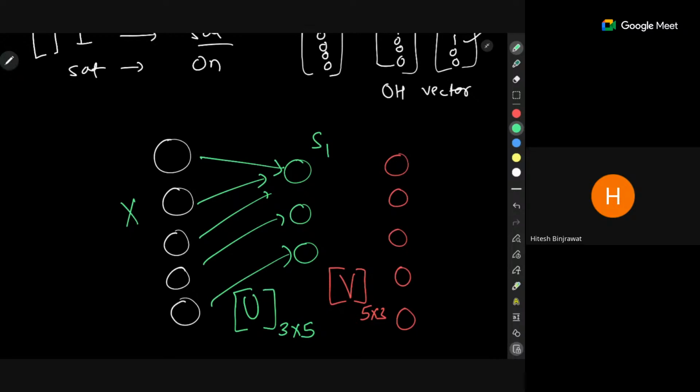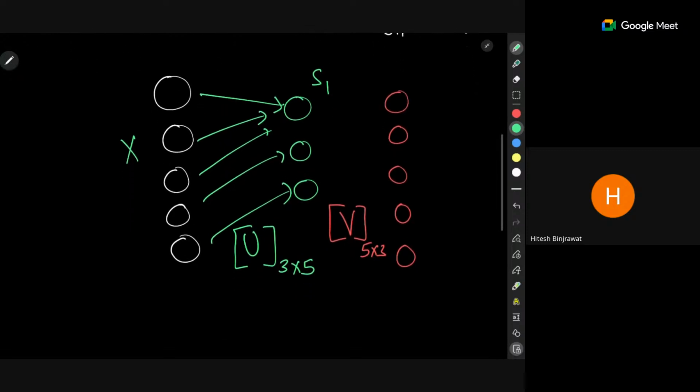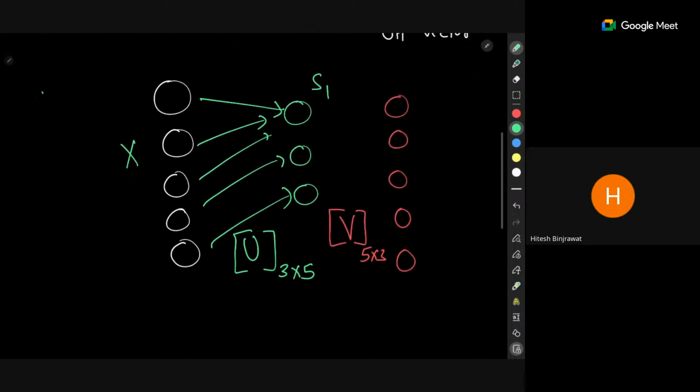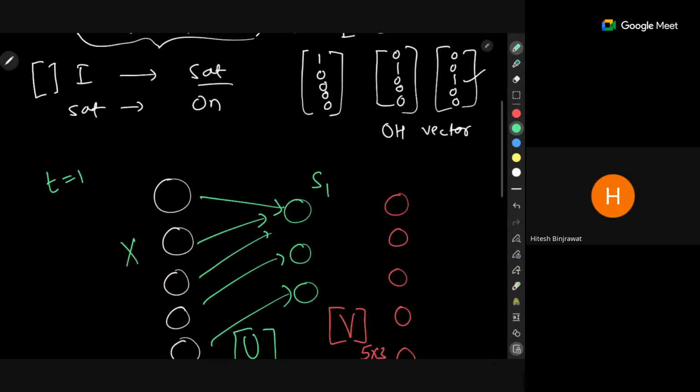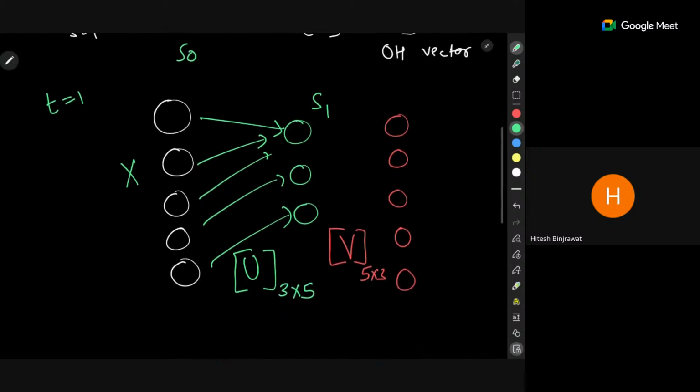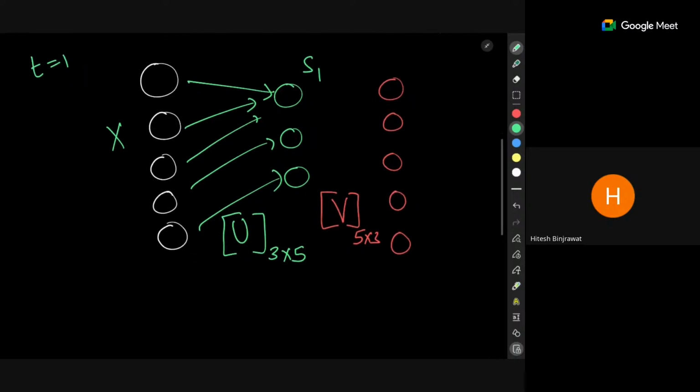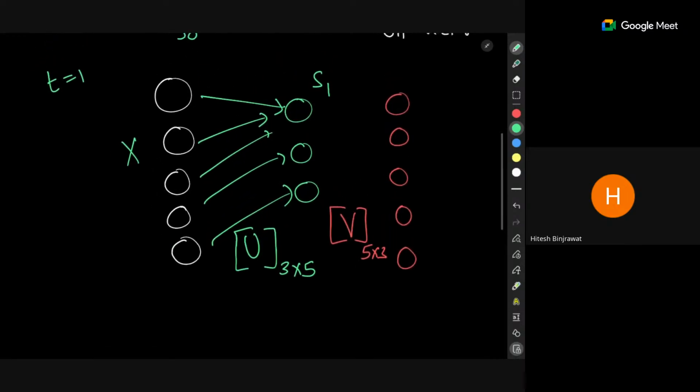That I'll send to itself, right? So this is my neural network, or what it looks like. Now you can say this is time step t equal to 1. One thing is I haven't given any s0 to it as of now. But I'll give it, so consider I'm going to do the same thing next that I would have done for S0. Okay, so this is my S1.